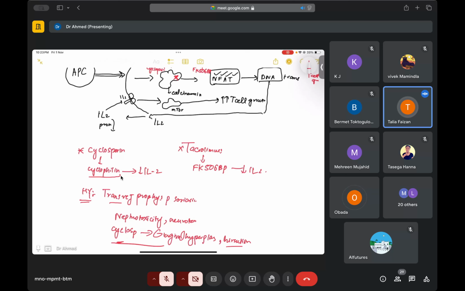After that they act on calcineurin, which then activates NFAT, which acts on DNA, and it inhibits the transcription. It releases interleukin 2, which then activates mTOR, and it increases T cells.